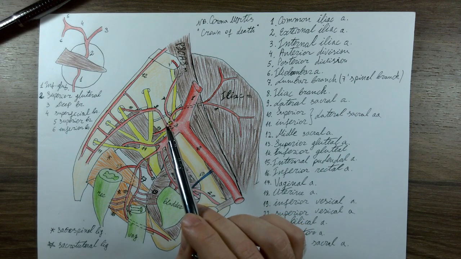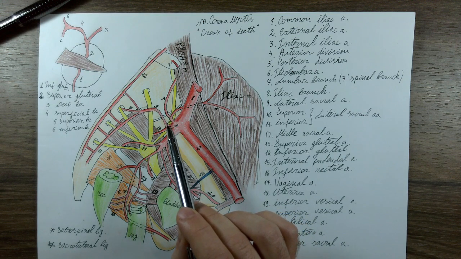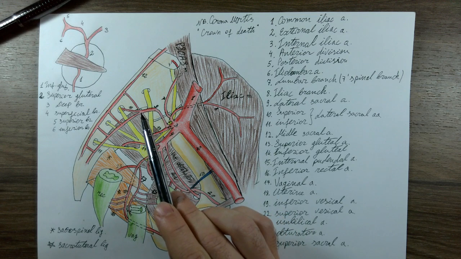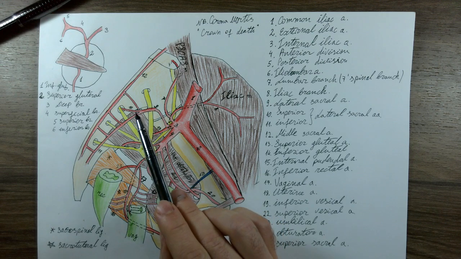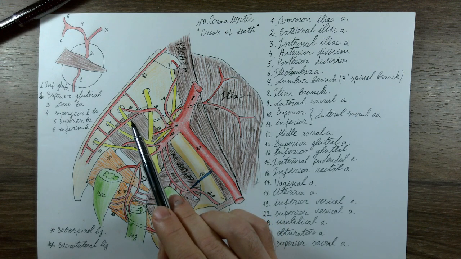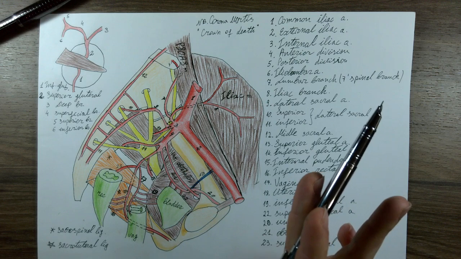Now, next on the line is the sacral artery. There are usually two. If it's one, it would split in two very fast. So the sacral artery is divided into the superior and inferior sacral arteries, which can be separate branches, as I said.